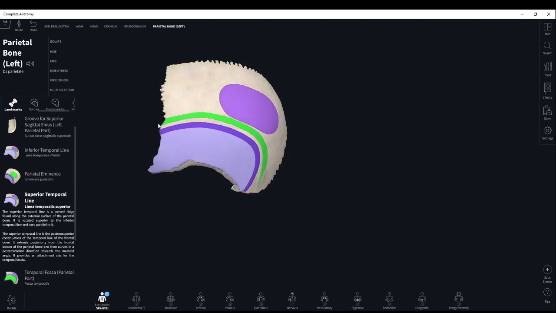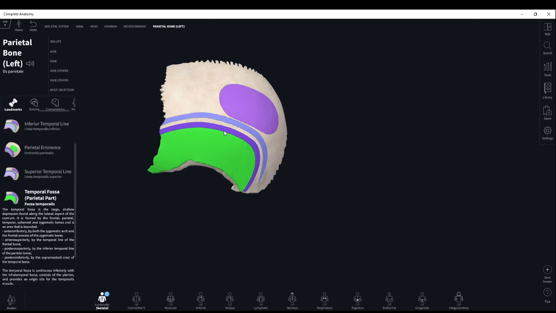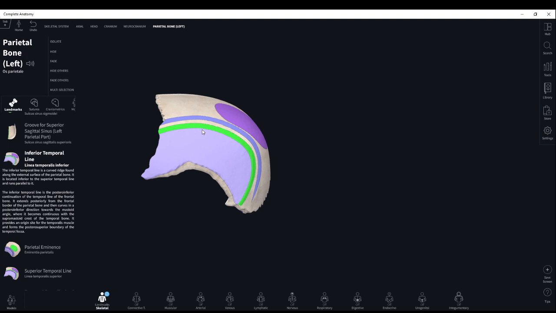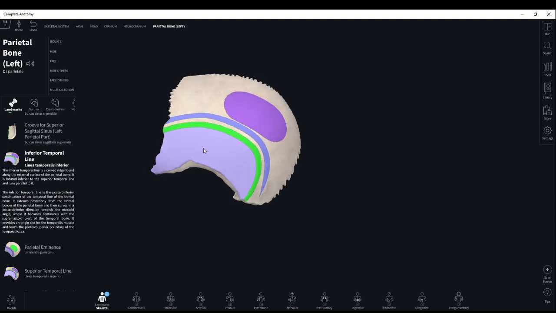Just below the eminence is the superior temporal line, and below it is the inferior temporal line. Just below it we have the formation of some amount of the temporal fossa. Okay, that was the parietal bone.